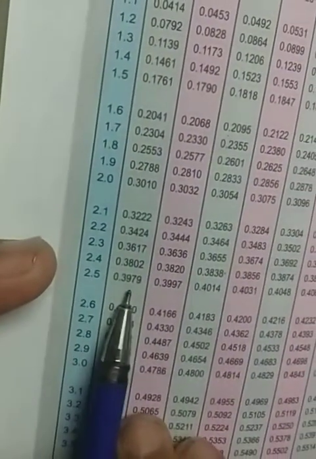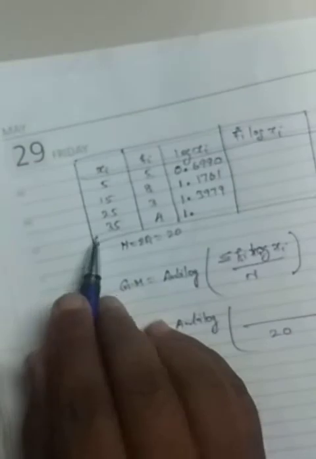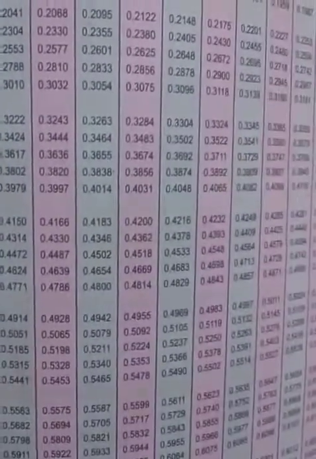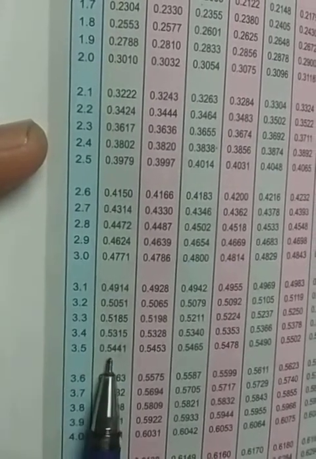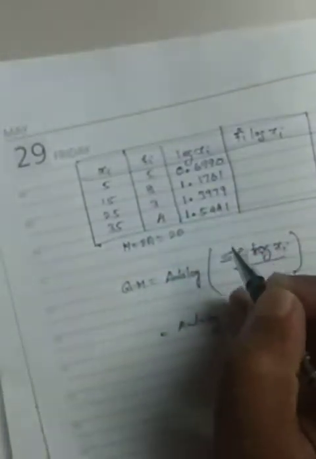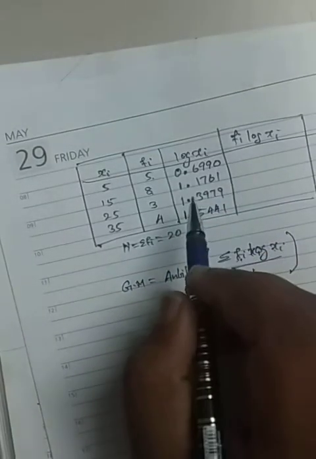Here you can see 0.3979, so write 3979. Next one is 3.5, leave the point here. It is 0.5441, that you write. Is it clear? Okay, so we got the values of log xi.